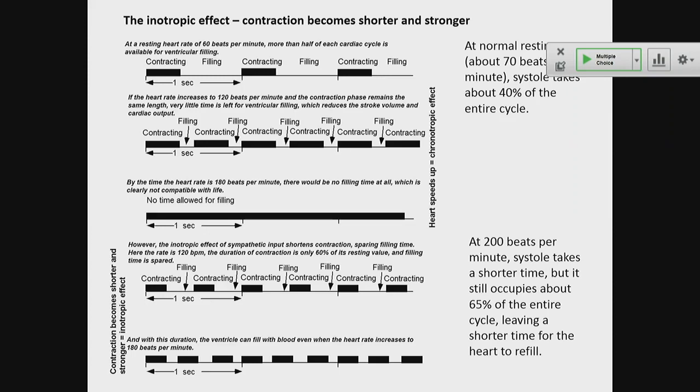So remember, I told you about the conducting system that starts at the sinoatrial node, and that signal needs to eventually end up at the ventricular muscle, so that conduction speed also increases. So these three effects go hand in hand. When we talk about an increase in heart rate, that means at the same time we also increase the conduction speed and we increase the strength of contraction and decrease the time of contraction, okay?